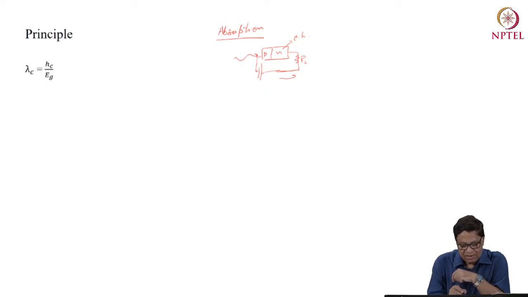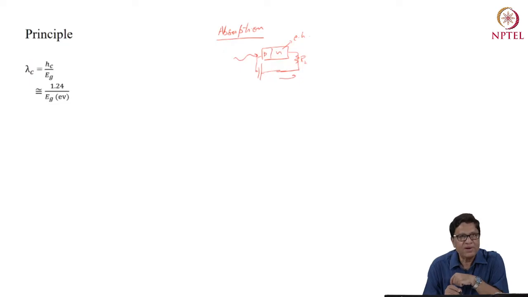This lambda cutoff is defined as hc divided by EG. This is not a subscript; h is Planck's constant and c is the velocity of light. EG is the band gap of the photodiode junction. If you put in the values of Planck's constant and velocity of light, this is approximately equal to 1.24 divided by EG, where EG is the band gap energy in electron volts.